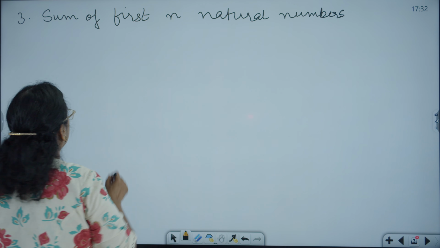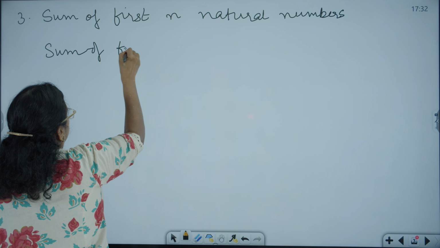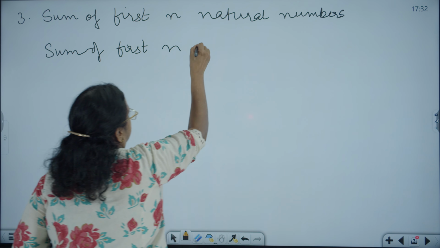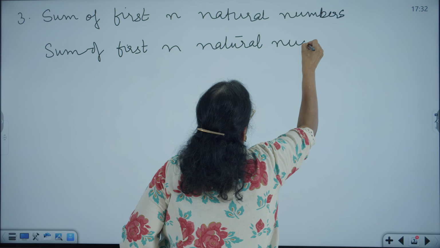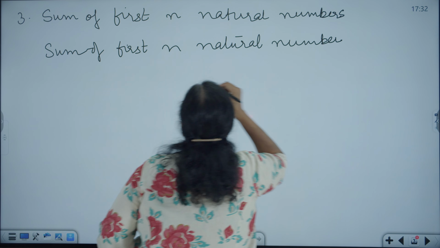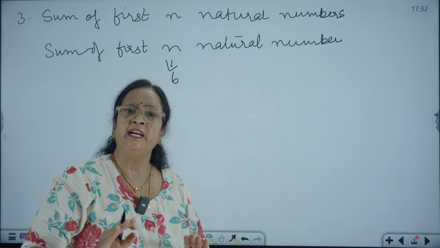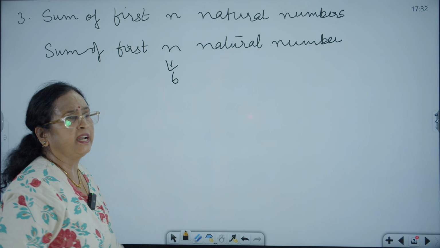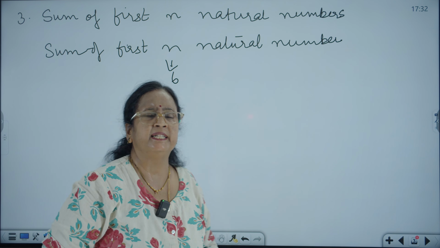So, what will be our question? Sum of first n natural numbers. In this n, I will take 6. In place of n, I will take 6. When I take 6, I can simply add, isn't it?